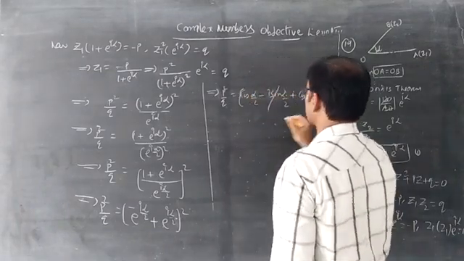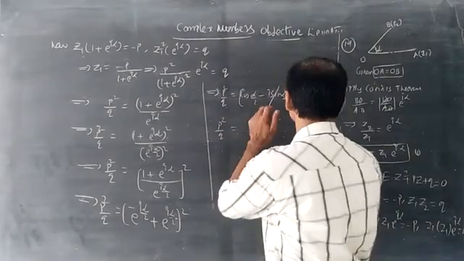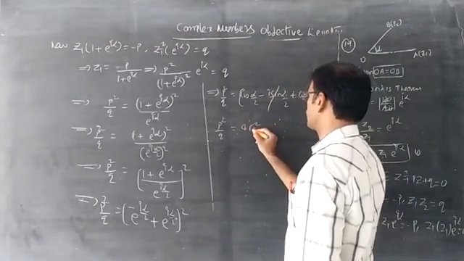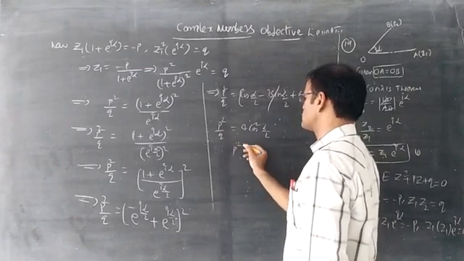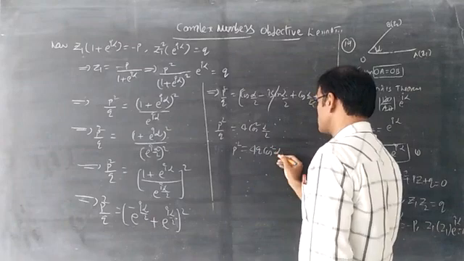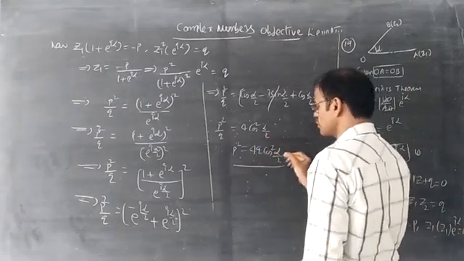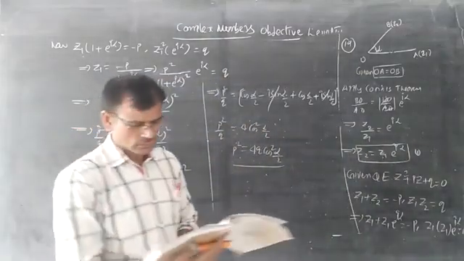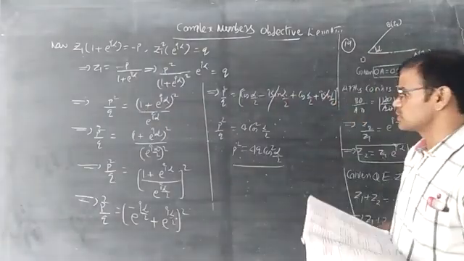Here I sin alpha by 2 gets cancelled. So P square by Q is equal to 2 cos alpha by 2 whole square, that is 4 cos square alpha by 2. Therefore P square is equal to 4Q into cos square alpha by 2. First option. 19th question, first option.